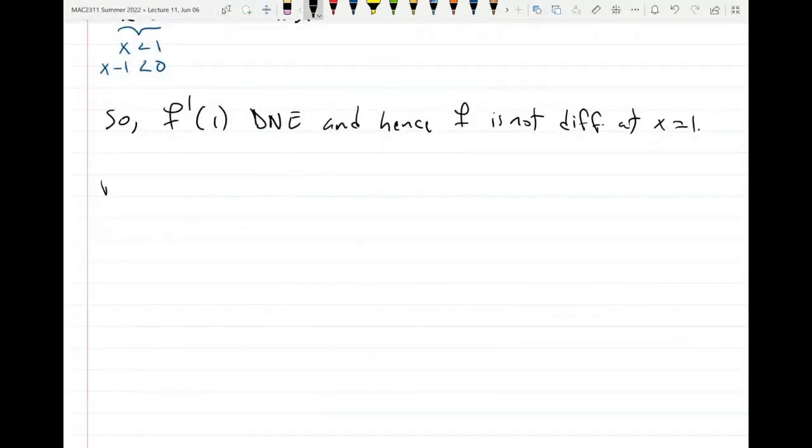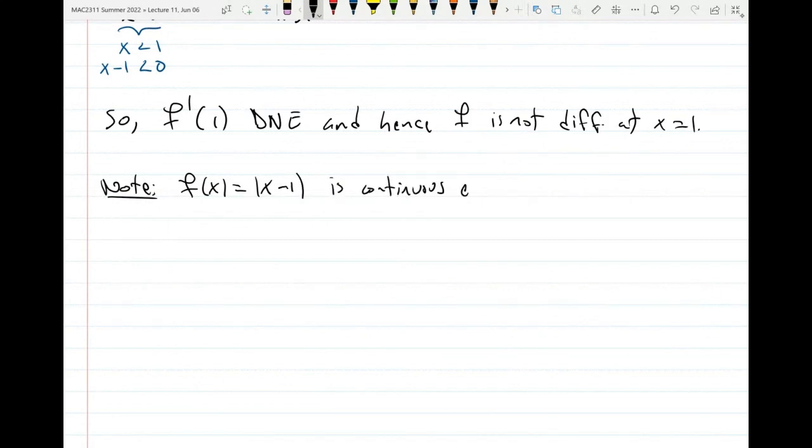So let me make a remark here. So note f of x, which is absolute value of x minus 1, is continuous everywhere. In particular, it is continuous at x equal 1.